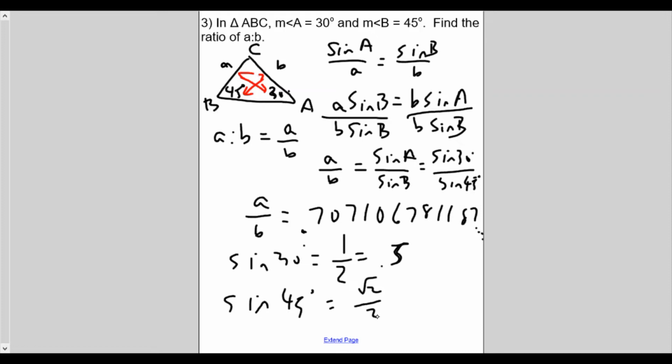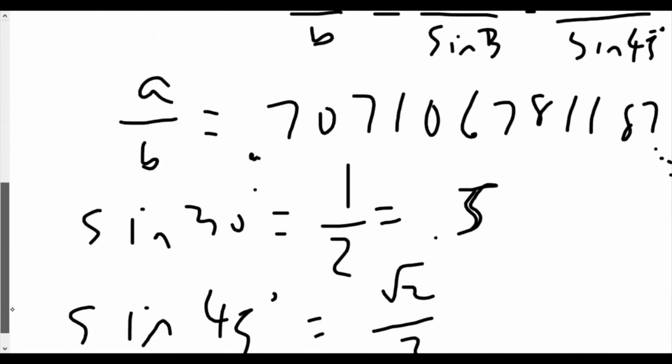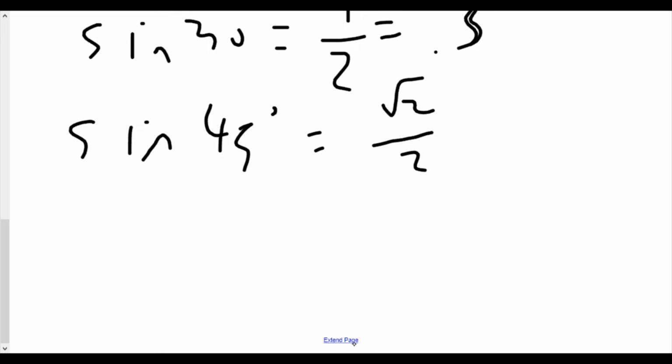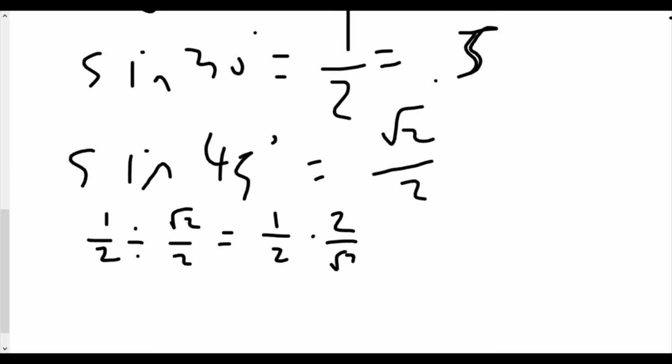I'm going to make this full screen so the numbers don't get really tiny on us. All right, ooh, well, that's pretty big. So that would mean in this case that we have 1/2 divided by the square root of 2 over 2, which is the same as 1/2 times 2 over the square root of 2.